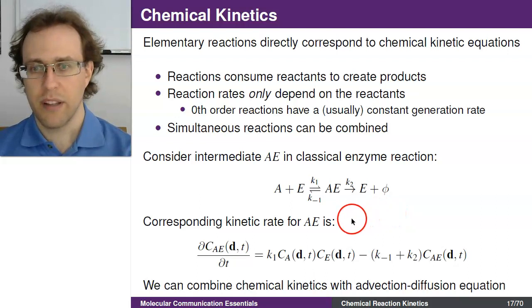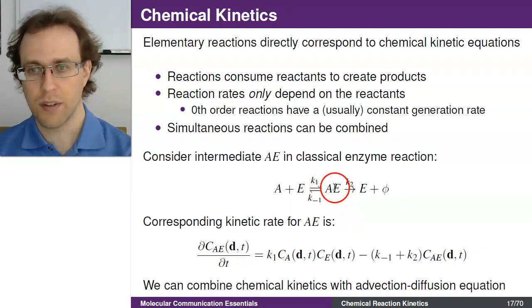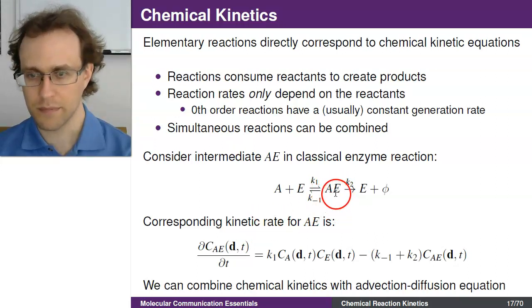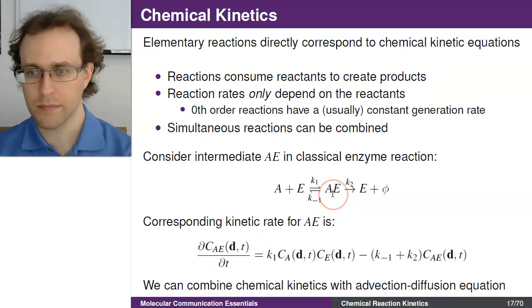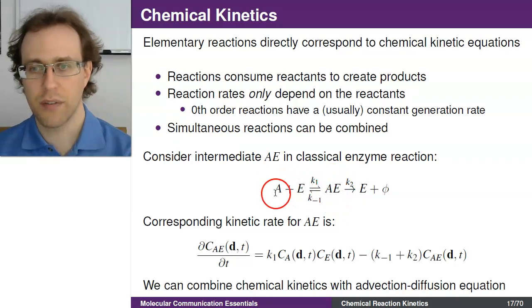To describe the kinetics, I'm going to focus on the intermediate. We see that there are three reactions that lead to this intermediate molecule. If we try writing the rate of change for this intermediate molecule, we see that this molecule concentration increases whenever there is an A plus E reaction, which is according to rate K1.